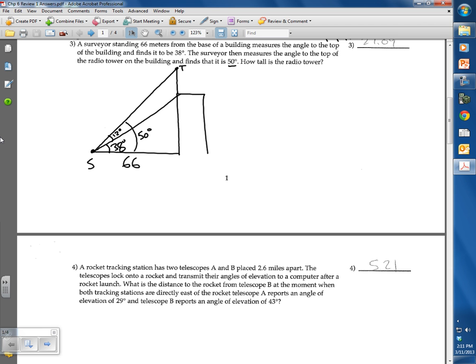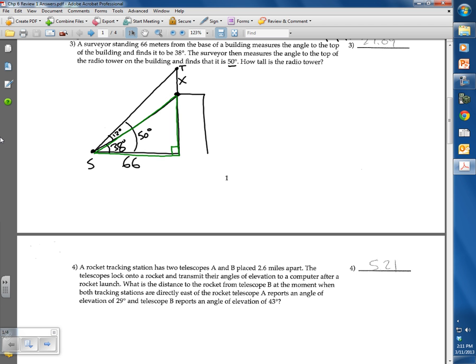All right, let's find out how tall this radio tower is, not the whole building and tower, just from the top of the building to the top of the tower. So if we could do law of sines, we'd be in business, but we need a couple more angles. I'm going to look at the smaller triangle, this one here, and find all my angles.